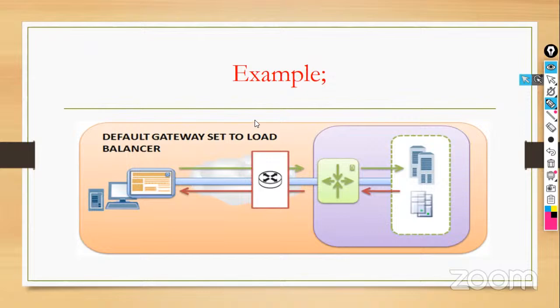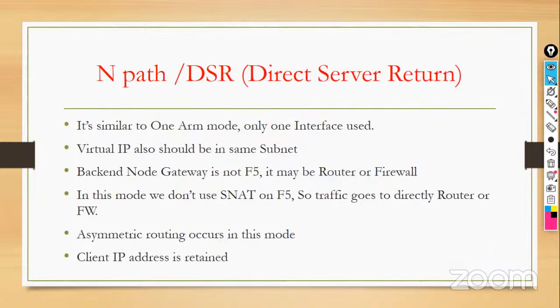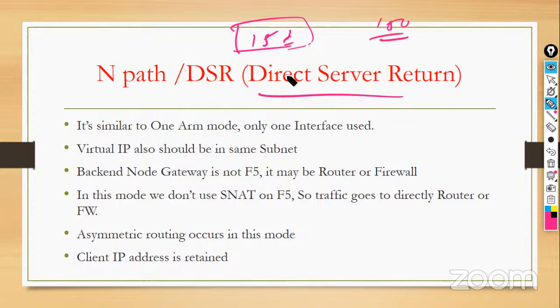And this is the end path, direct server return. I have 15 years of experience in the IT industry, in different technologies, and I also have rich experience in F5. Nowadays I am using 150-plus F5s.